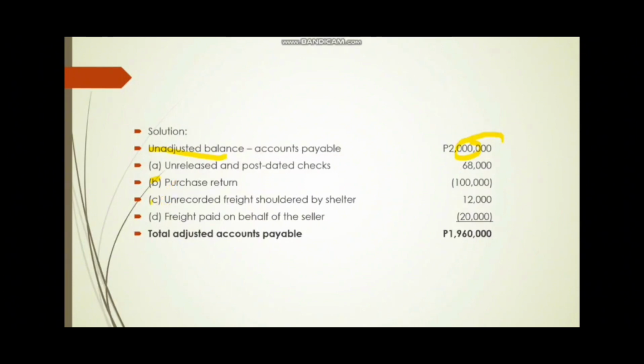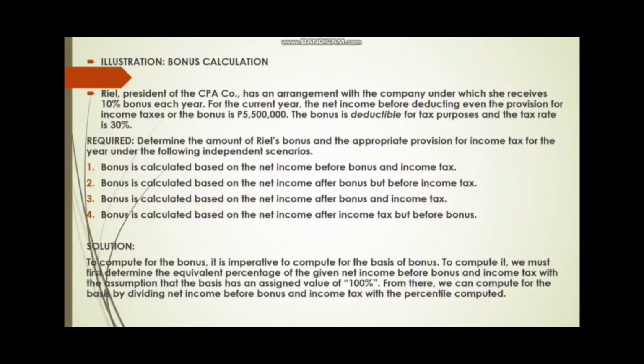Then, for C, the unrecorded freight charge shouldered by the seller, we add 12,000. And for D, the 20,000 freight paid on behalf of the seller, minus 20,000. So the total adjusted accounts payable is 1,960,000.